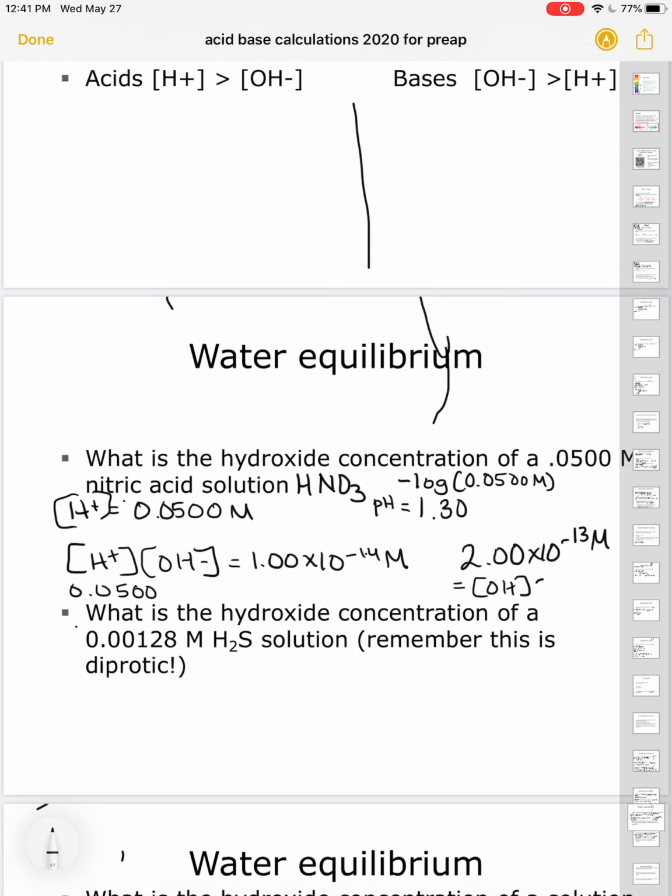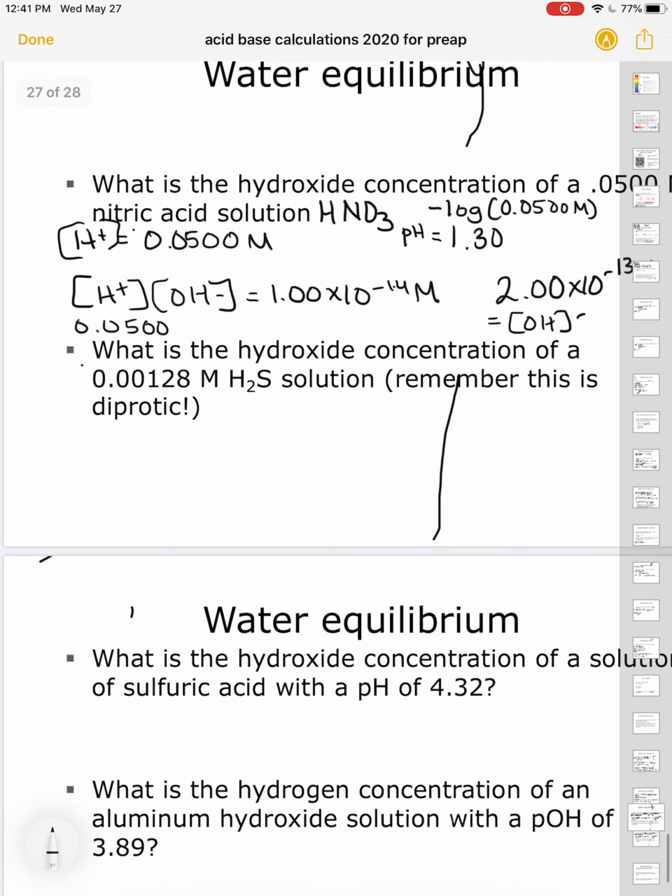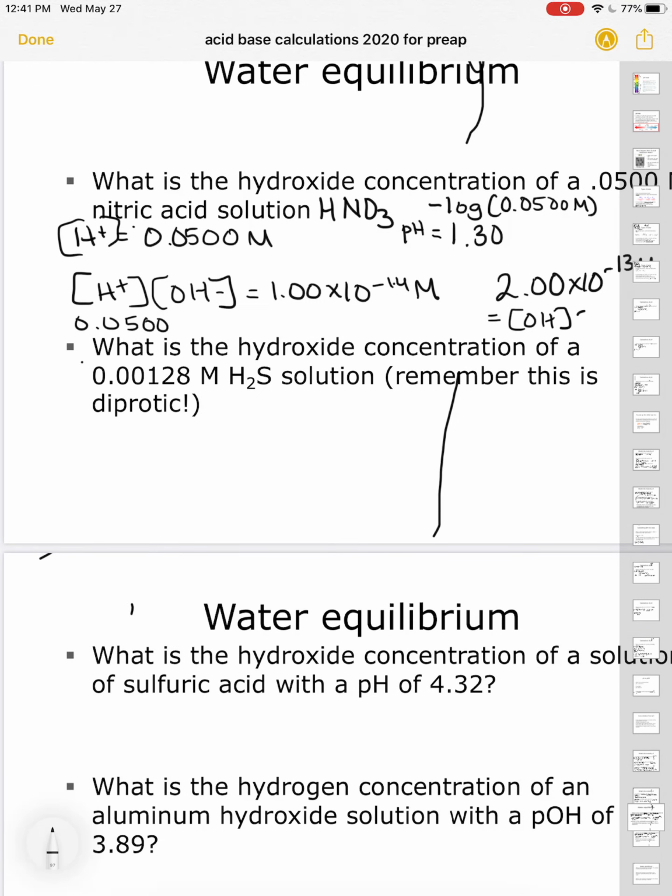Okay. What is the hydroxide concentration of a 0.00128 molar sulfuric acid solution? All right, so we know that we're going to have to multiply this by 2 to get our hydrogen concentration. So our H plus concentration is going to be equal to 2 times 0.00128.